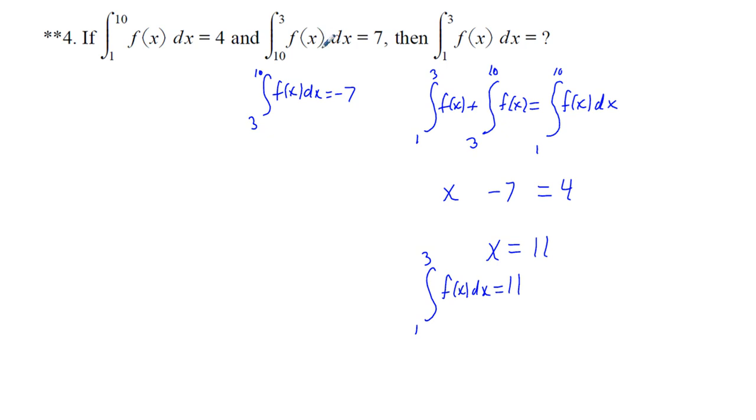Does that make sense? Yeah, if you switch this around, going to the other side, 11 plus negative 7 equals 4. We put negative 7 because we switched this around. So that is going to be our answer.